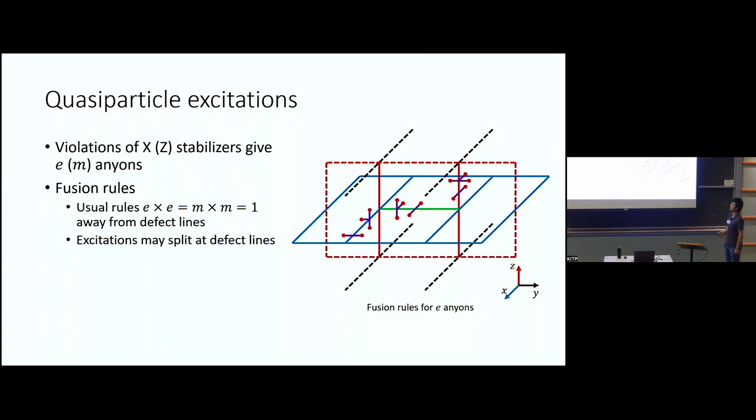And so there are three different types of line defects, and I've drawn the rules for all three of them. But the idea is that these errors are going to be energetically suppressed when they're trying to pass through one of these defect lines. So we would hope that, with all of these defect lines, we can suppress these errors.